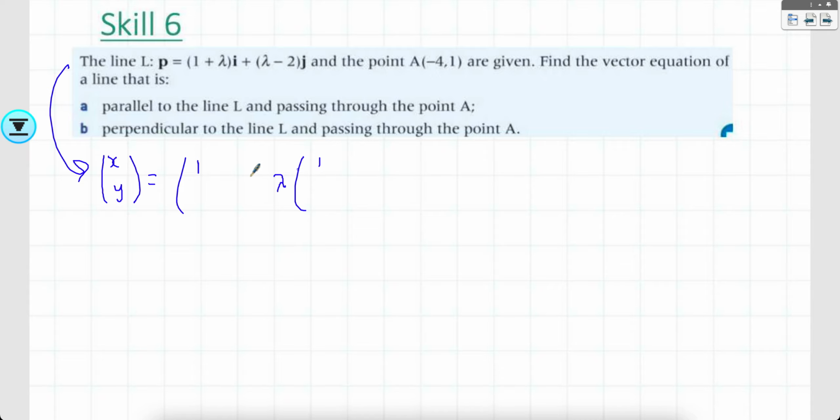And a lambda being 1. And the y component is written with a -2 and a coefficient of 1 for the lambda. So make sure that you convert it to the correct format that you need.